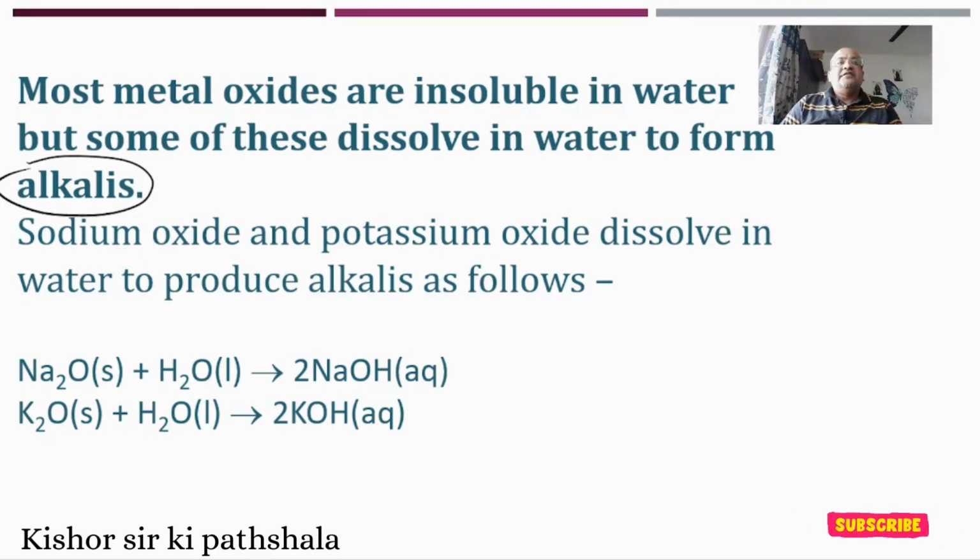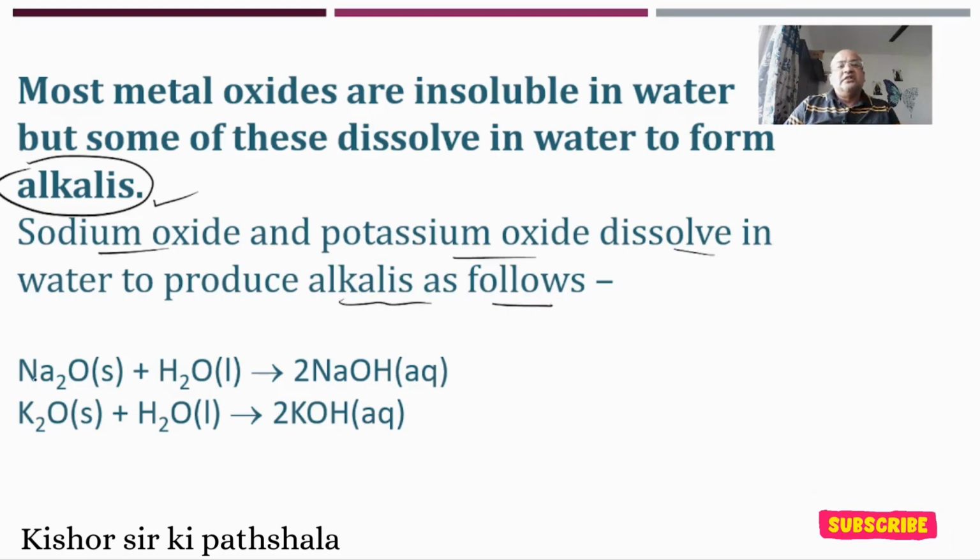So we have seen metal oxides which are insoluble in water. But some dissolve in water and form alkalis. Here you see sodium oxide and potassium oxide dissolve in water to produce alkalis.